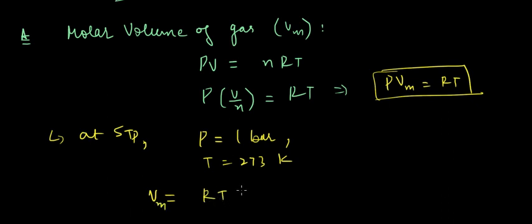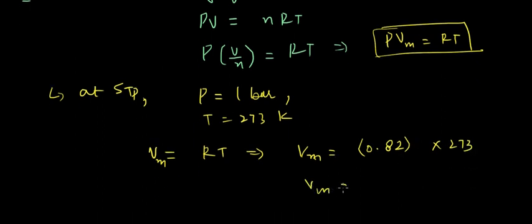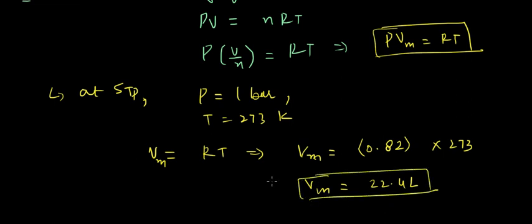Vm would be RT, because P is 1. So Vm equals R, which is 0.082, times temperature 273. Hence the molar volume of an ideal gas at STP is 22.4 liter.